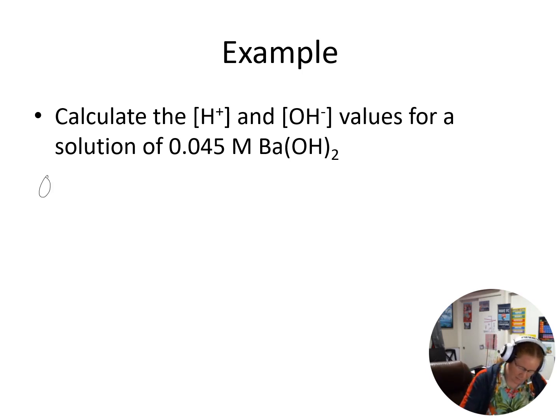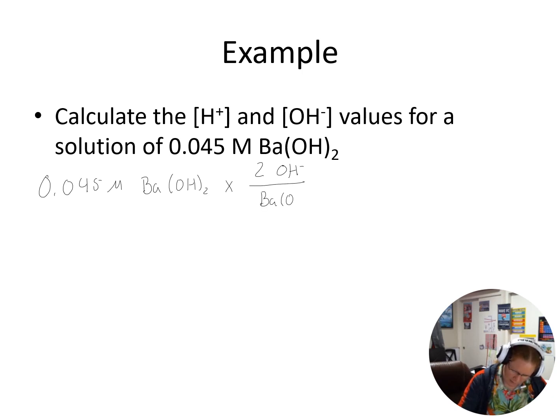So we can take our 0.045 molar barium hydroxide. And in this formula, I have 2 hydroxide ions for every 1 barium hydroxide. So I end up with 0.09 molar hydroxide.